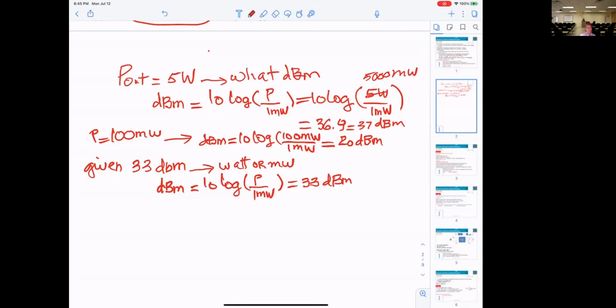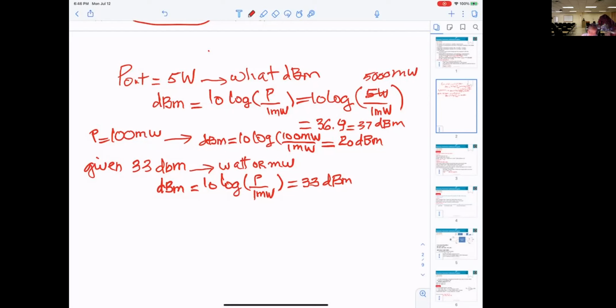Outside, they do not deal with the dBm. So the first thing, again, the formula for dBm will be 10 times log of power, input power, output power doesn't matter, divided by 1 milliwatt. In this case, it is equal 33 dBm.